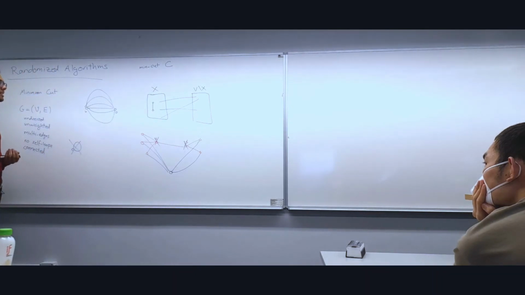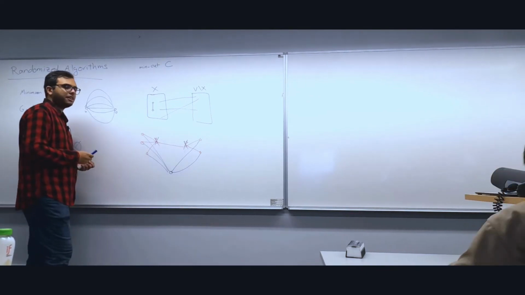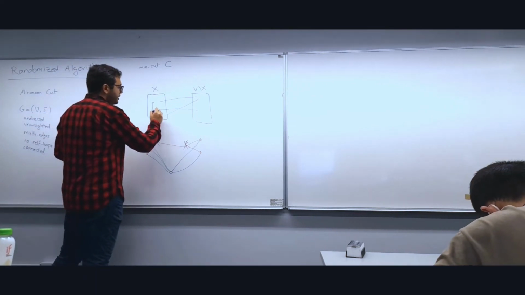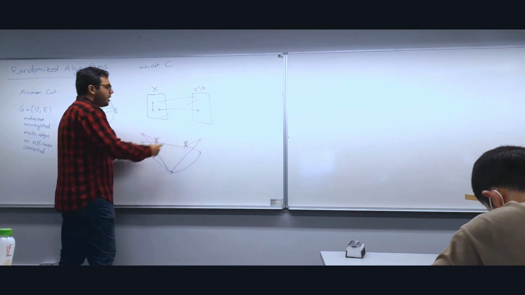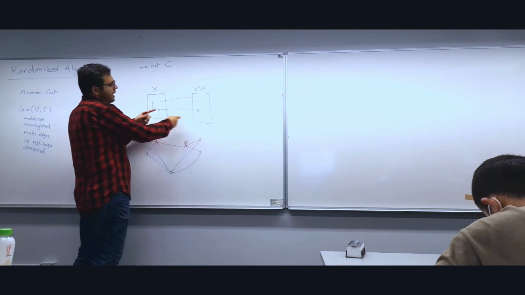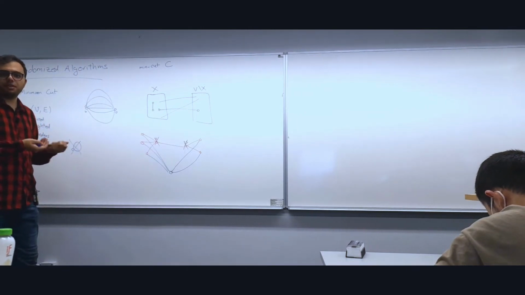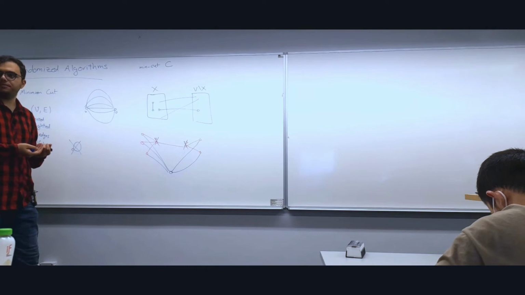But it's a disaster if I choose an edge that is in my MinCut, right? If I choose an edge like this, then I'm merging two vertices on the two different sides. And then afterwards, the size of my MinCut might become much larger than the optimal answer that I had.